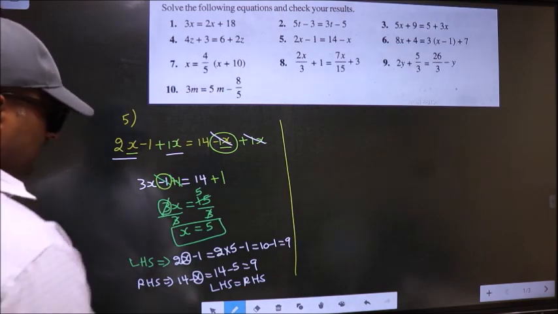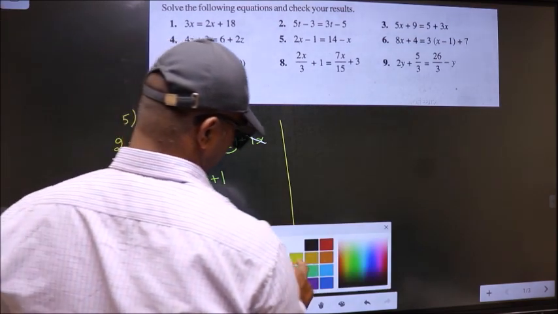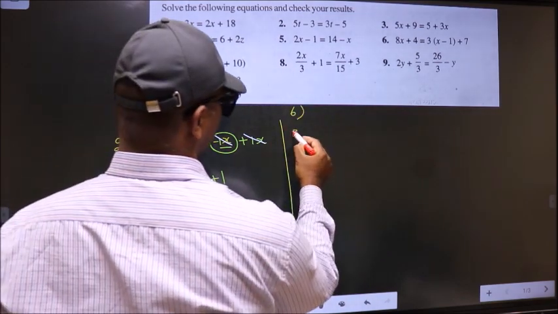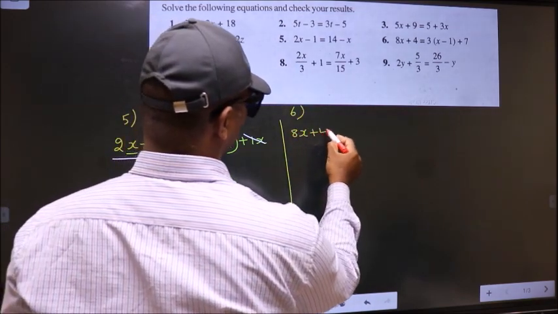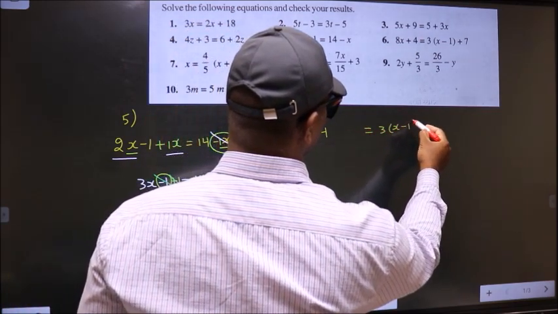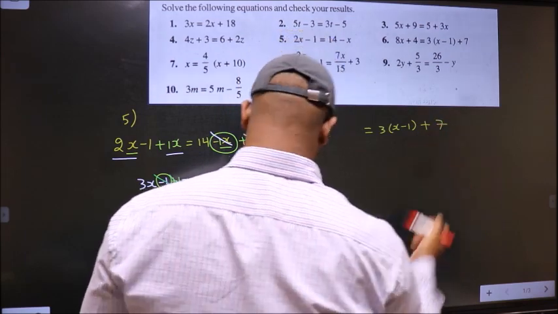Next, question 6. 8x plus 4 equal to 3 times x minus 1 plus 7.